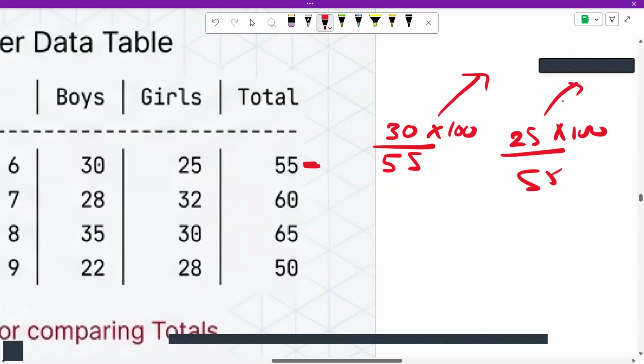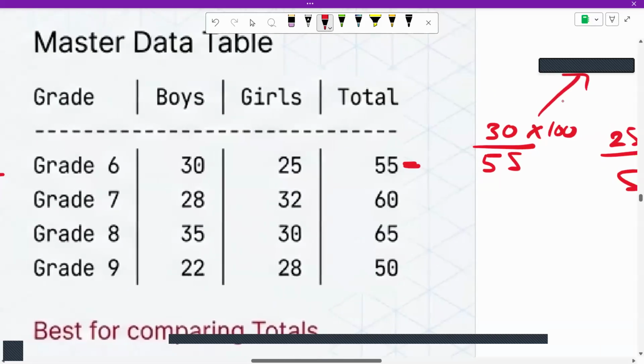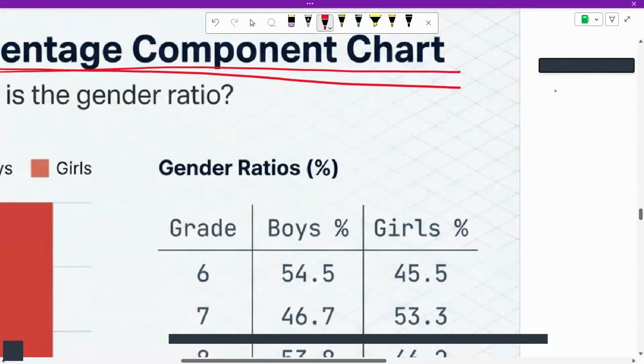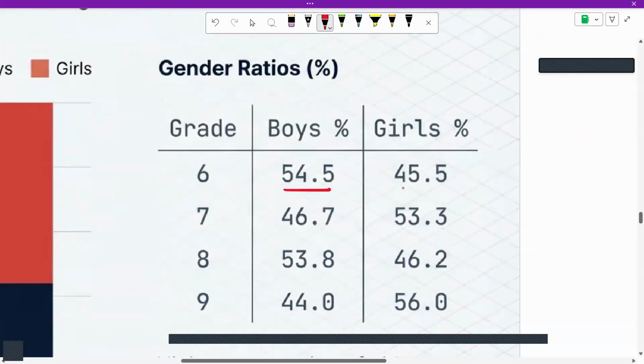And this is the percentage value. What's the percentage here? 54.5, right? 54.5 and 45.5. When you add the boys percentage and girls percentage, it should be equal to 100%. Everywhere it should be 100. The same formula we use here.